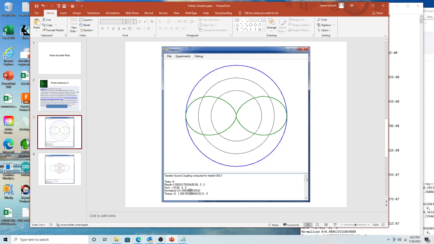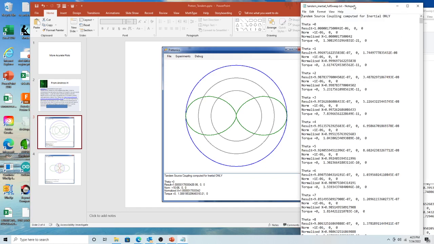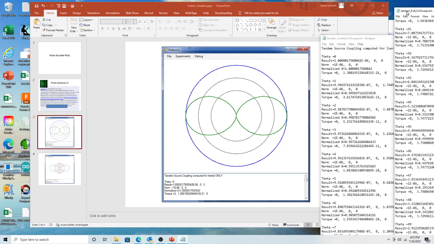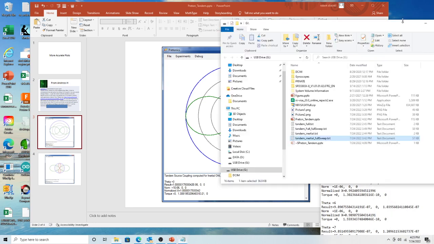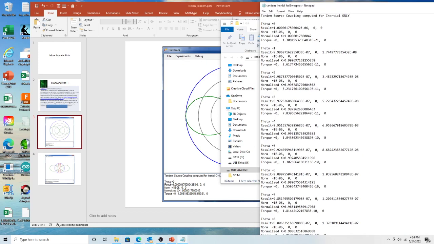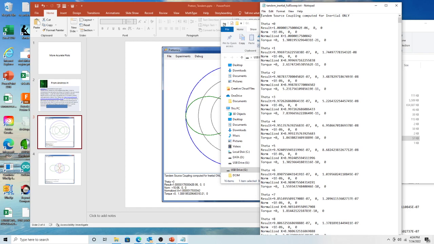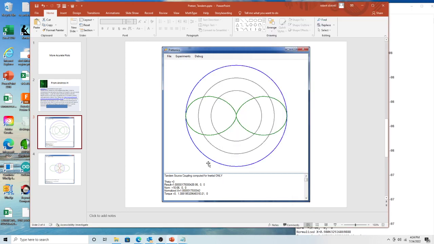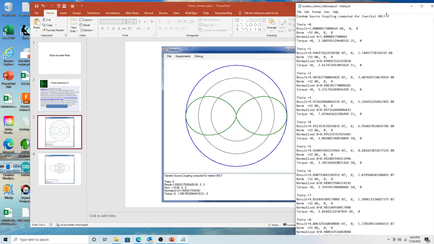So this normalized value you see down here, let me show you the full plot of all this information. Oh, not that one, this one. No. Where did it go? It is inertial full sweep. Okay, so this is the text printout of all the data down here.